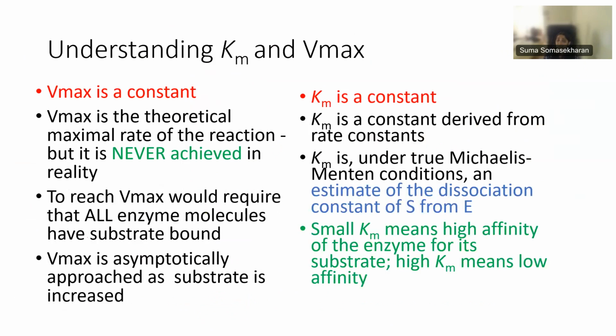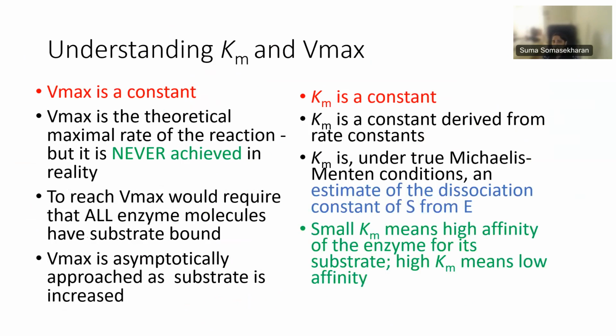Now, Vmax and Km are both constants. Vmax is that theoretical maximal rate that is never achieved. Vmax is asymptotically approached as substrate is increased, and it would require that all of the enzyme molecules be constantly occupied by substrate for Vmax to be achieved. So Vmax is a constant.